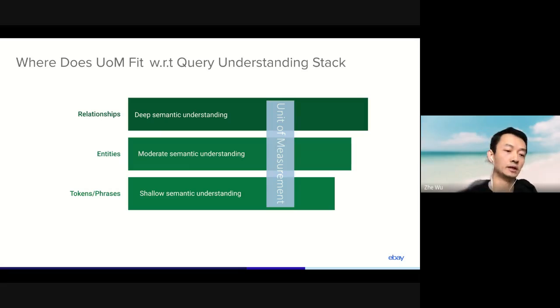One level up, after we extract entities, UOM is a particular entity, we gain moderate semantic understanding. The level we do want to achieve is deep semantic understanding. Here, not only do we extract and understand the entities, but we also discover the relationships among the entities. Unit of measurement, UOM, actually spans across all these 3 layers.